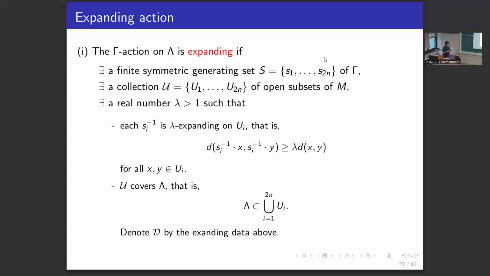So there is a definition of the expanding action: there exists some finite symmetric generating set S and associated open sets U_i, where U_i is the expanding domain for S_i inverse. Each S_i inverse is expanding on U_i, and you can also cover Lambda. So the Gamma-invariant compact subset Lambda is covered by these open sets. So this is the definition of expanding.